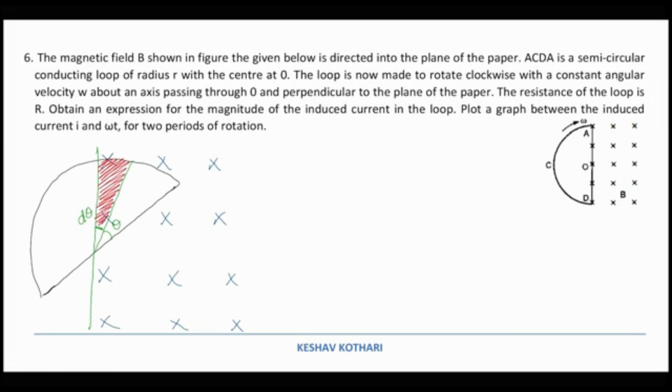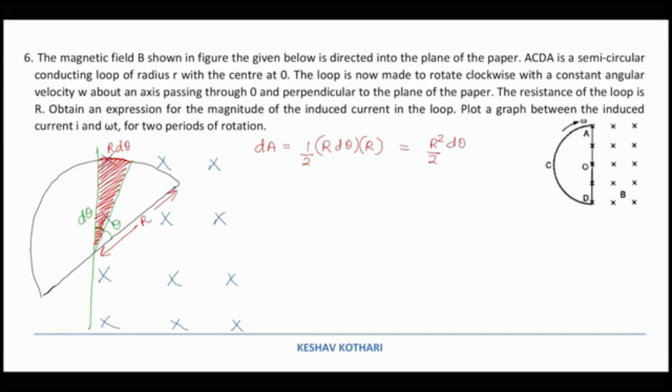If the radius is equal to r, then this length is equal to r d theta, and hence the area can be written as dA. Considering it to be a small triangle, half base into height, the value we obtain is r square d theta by 2.